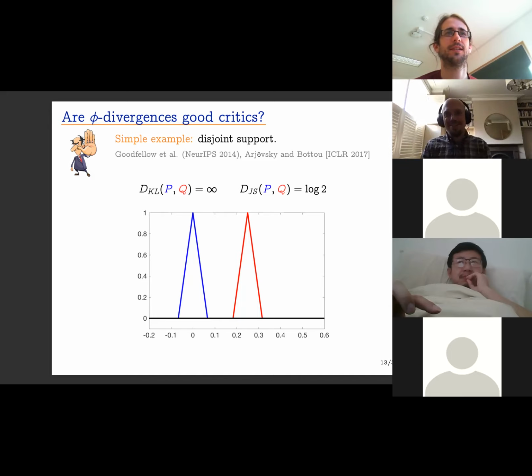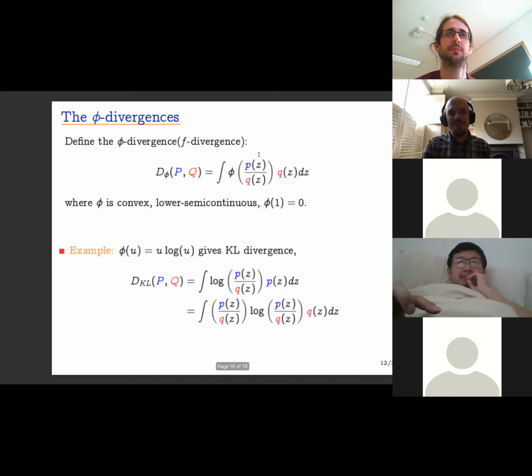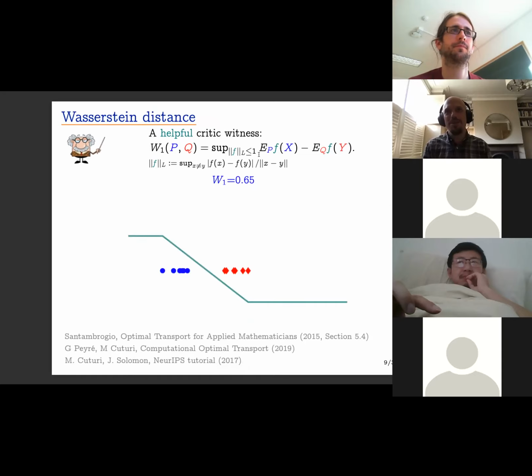Oh, yeah, that's a very interesting question. So for Wasserstein, I think we know that computing it has a very high computational cost as the dimension increases.